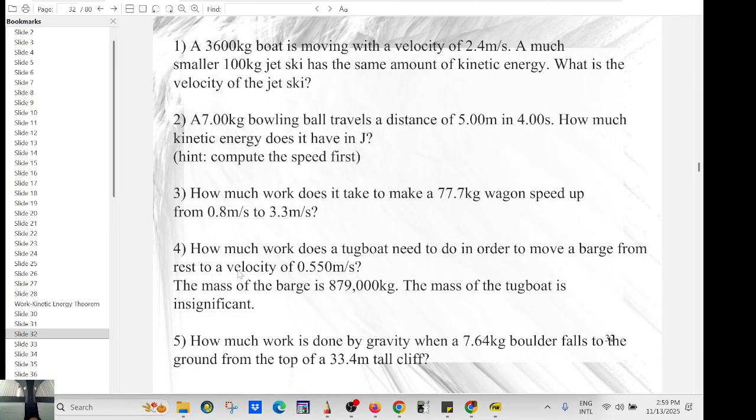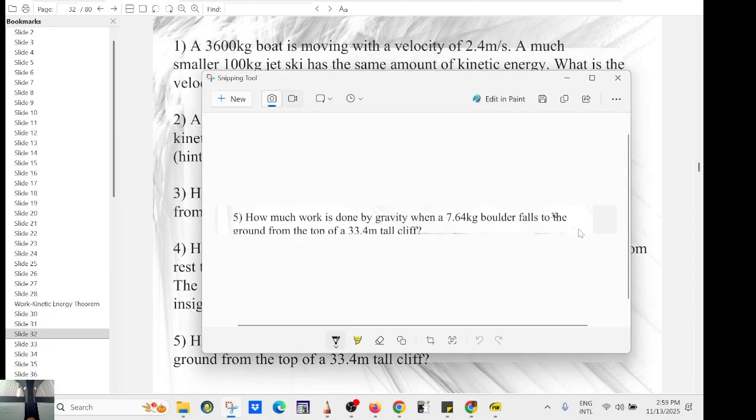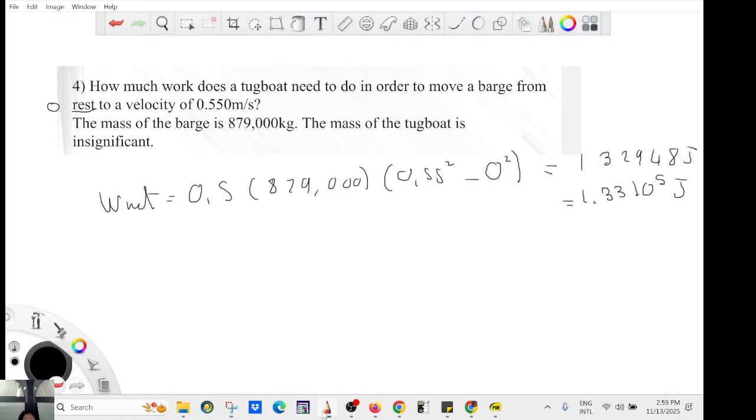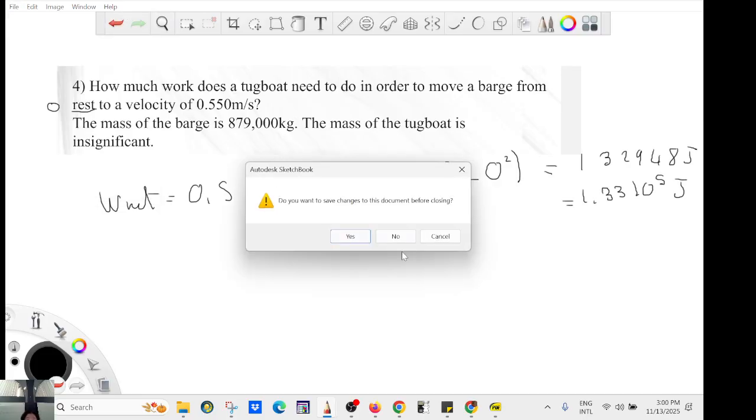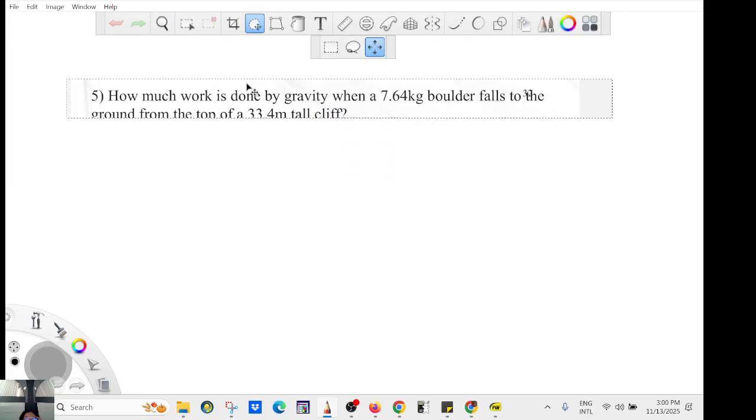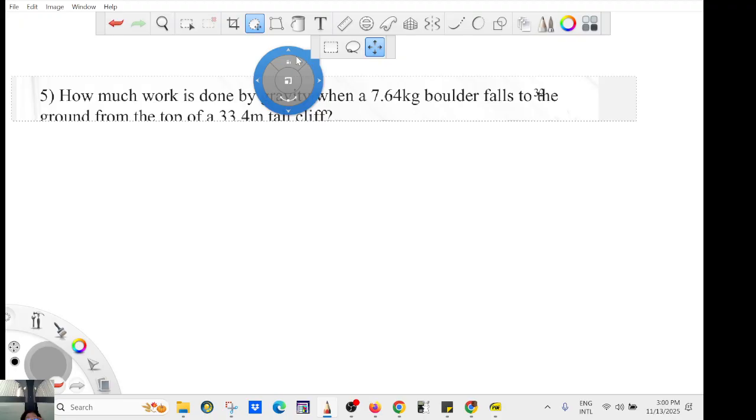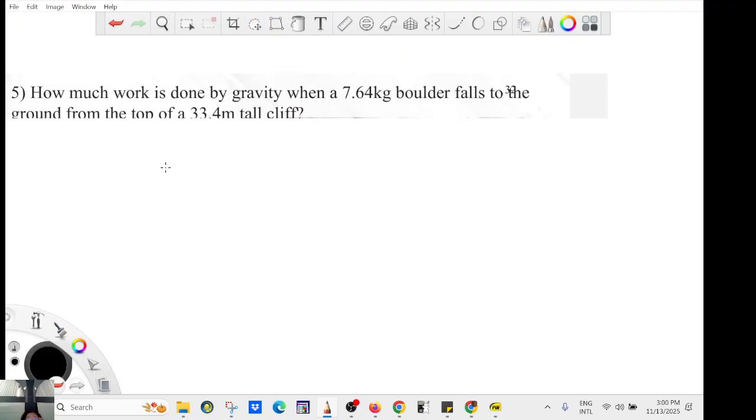So next, you can use potential energy. The work done by gravity is also equal to the change in potential energy. So you have a mass here, and gravity is going to apply a force.